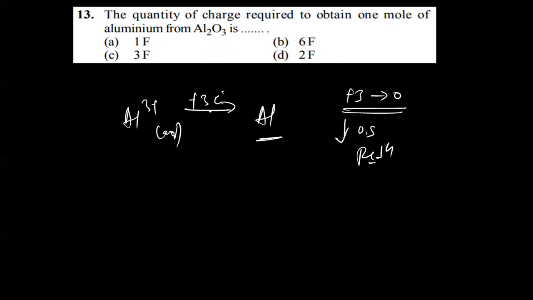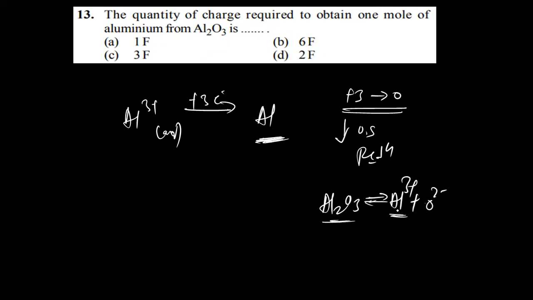So here they have asked the quantity of charge required to obtain 1 mole of aluminum, that is aluminum metal, from aluminum oxide. We know that Al2O3 on dissociation gives Al3 plus and O2 minus. So to balance these charges, we have to multiply Al3 plus by 2 and O2 minus by 3. Then we'll get the neutral molecule Al2O3.